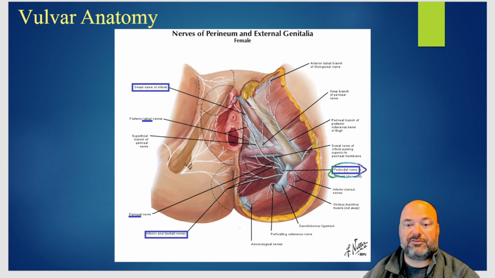Branches of that come over to the perineal body and up to the inferior aspect of the vaginal wall, and then depending on lacerations of the labia minora or up to periclitoral, periurethral lacerations, we're going to be dealing with branches from the dorsal nerve of the clitoris.